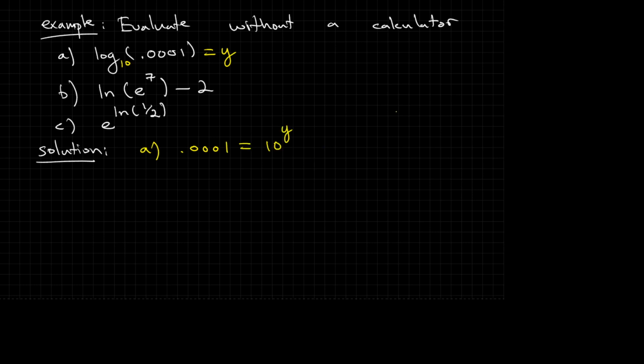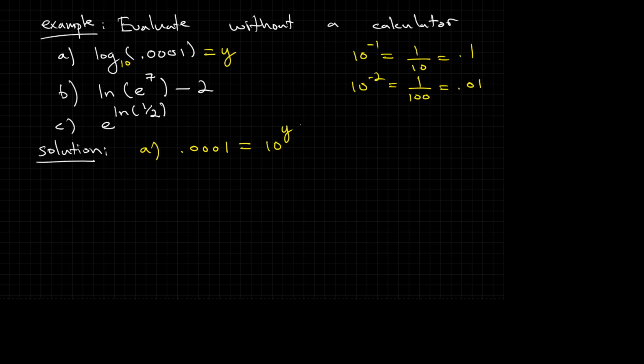Now in order to complete this problem, you'd have to make the observation that 10 to the minus 1 is 1/10, which is the same thing as 0.1. 10 to the minus 2 is 1/100th, which is the same thing as 0.01, and so on and so forth. 10 to the minus 3 would be 0.001, and so 10 to the minus 4 would be 0.0001.